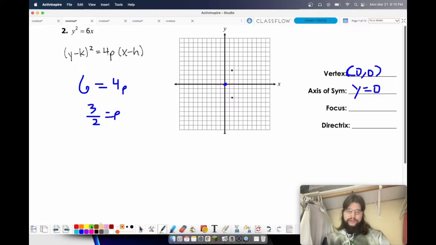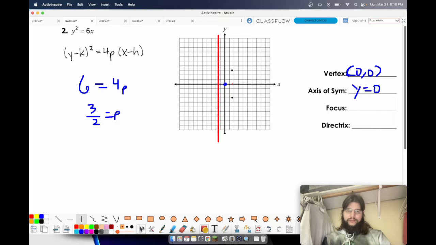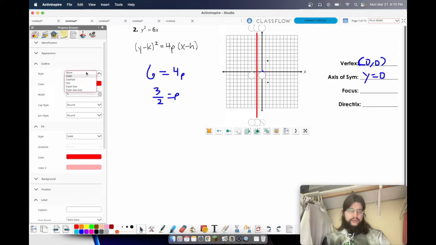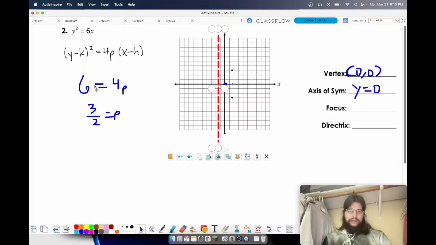Let's check it out. Again, we can sketch our directrix, I guess. Right there through the middle. And this should be our graph.